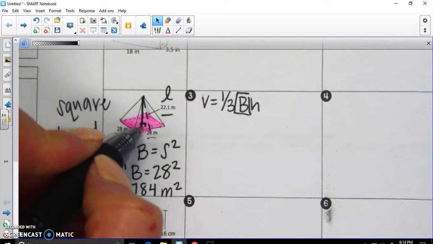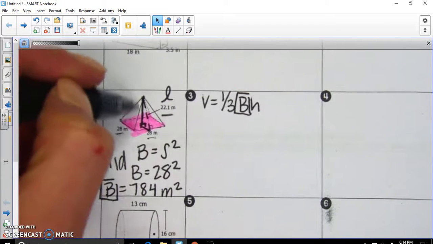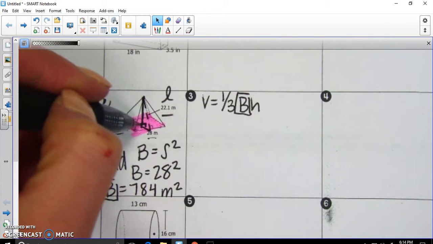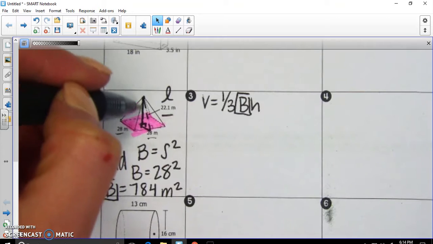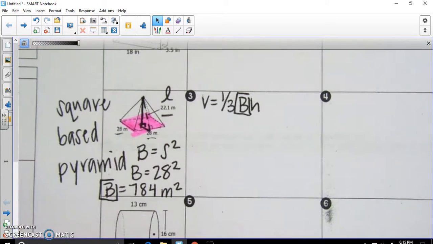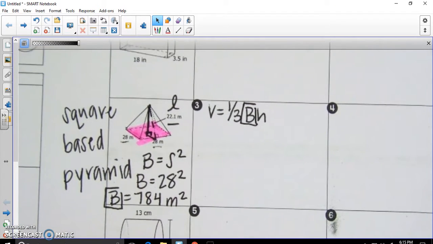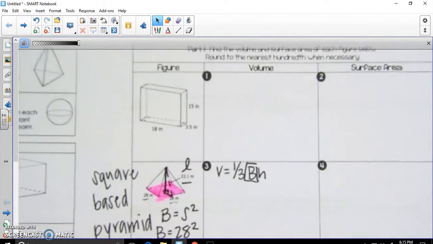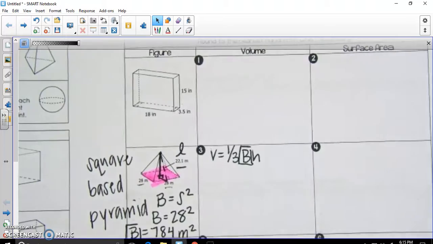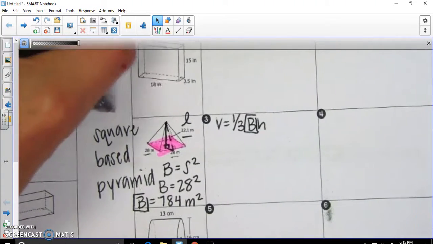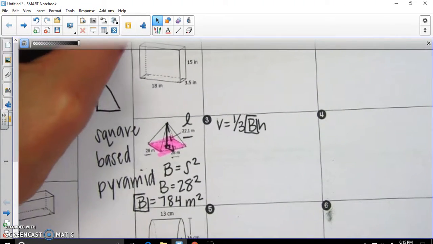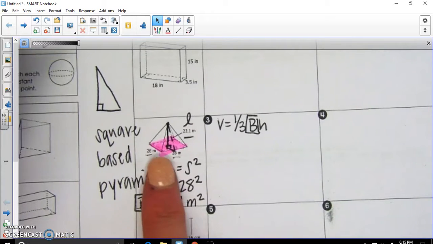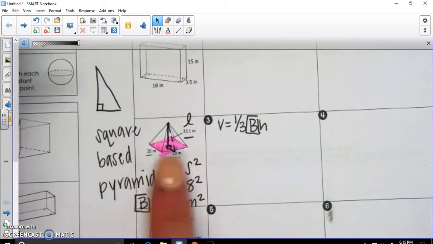So imagine that we are connecting a right triangle that's anchored at the center of the base, goes up to the top of the pyramid, and then down the side. Now I'm going to draw this as a two-dimensional version so I can visualize this a little bit better. Looking at this right triangle, the slant height is our hypotenuse.